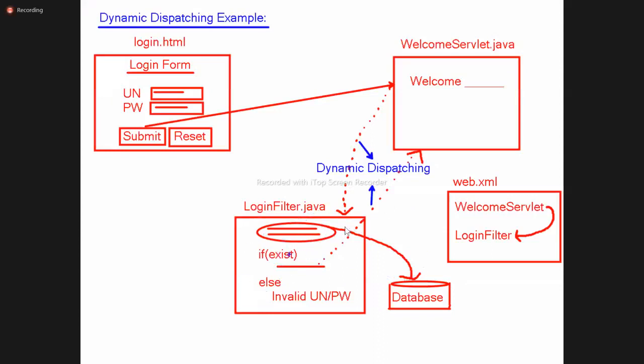Anytime you can use it, not only for this application, for other applications also. Because the link from the filter to welcome servlet and from welcome servlet to the filter is not there. The link we are creating dynamically. The dotted lines are not static.